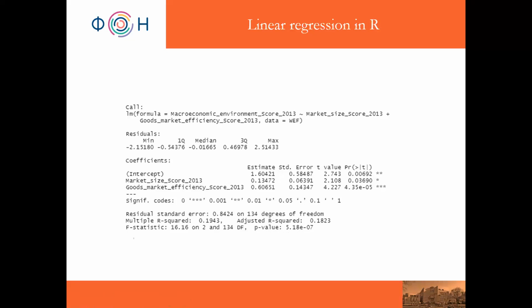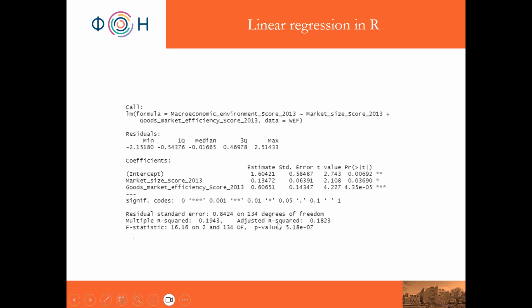Okay. Also, another thing which we can interpret from the output is the quality of our model. When we are using multiple linear regression, we focus on communicating the adjusted R-squared.